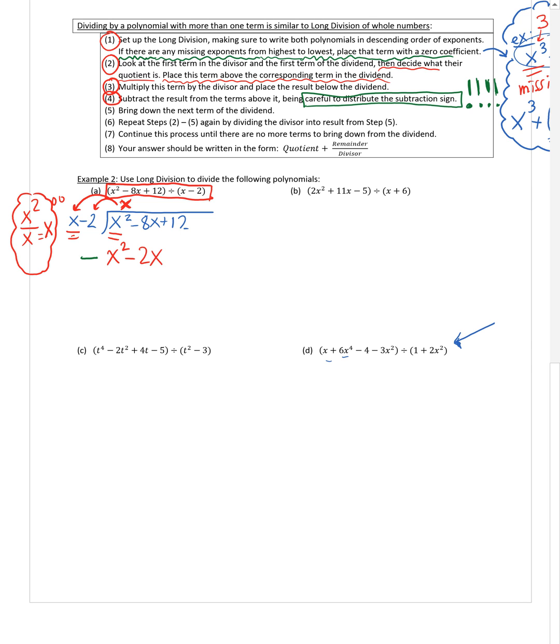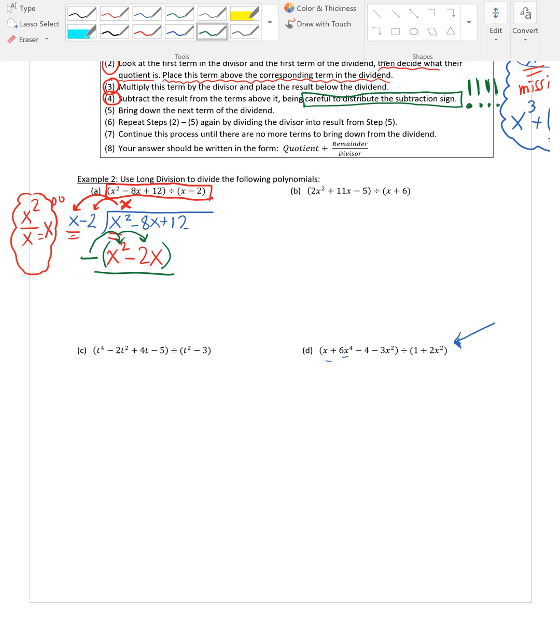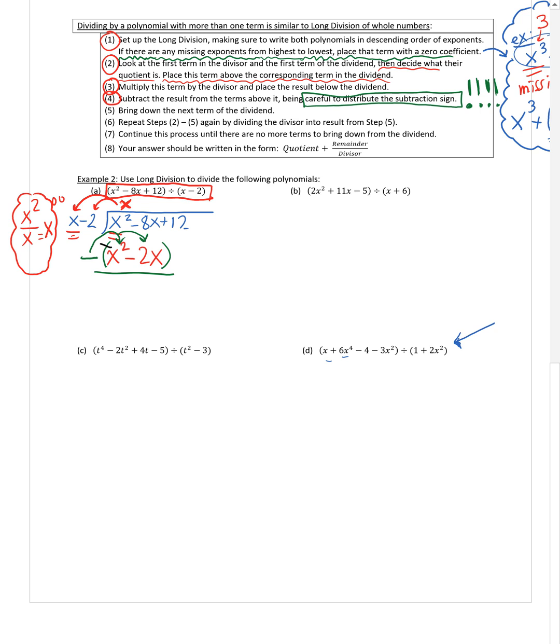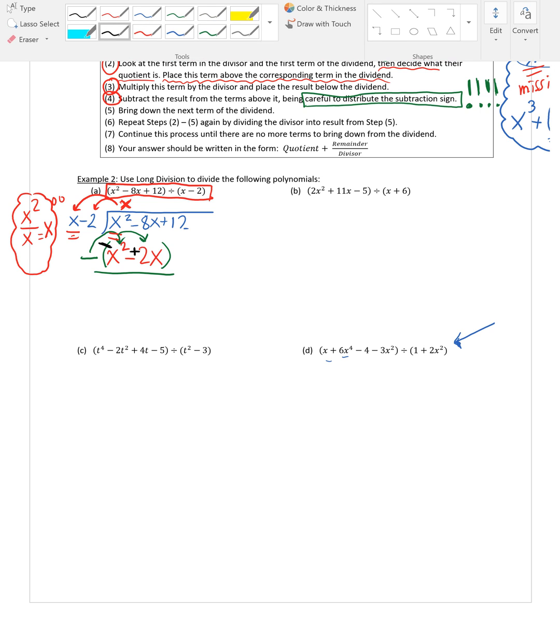But since there are 2 terms here, you have to think of it as in parentheses. I'm subtracting this entire thing. So you have to think of it as distributing this negative here onto both. So really, that makes this guy a negative, and it makes this guy a positive, because you distribute the negative onto both. And now you can combine vertically.